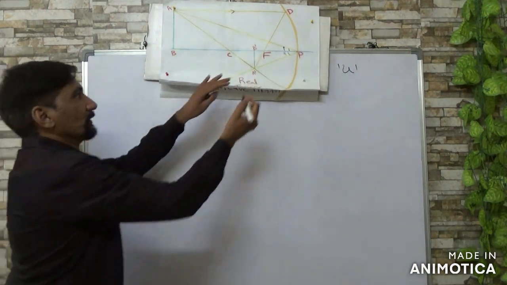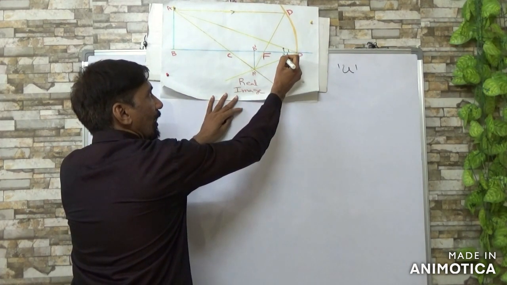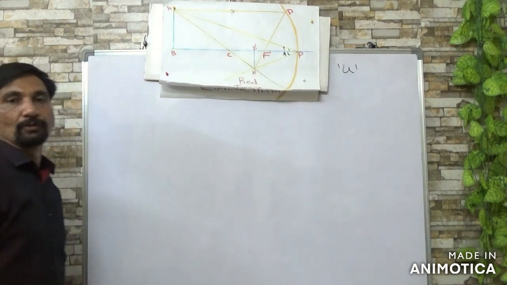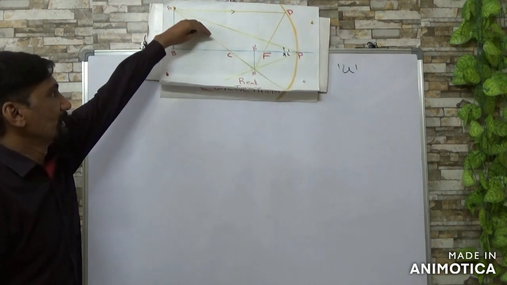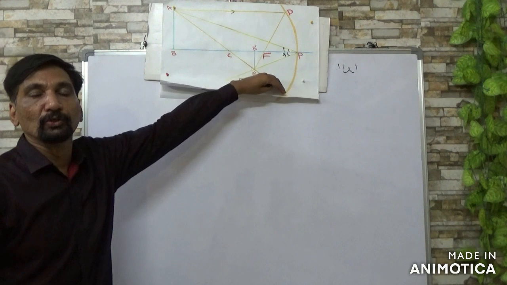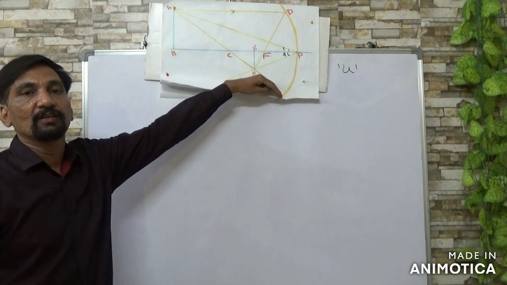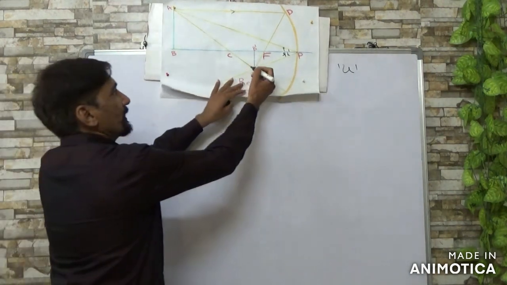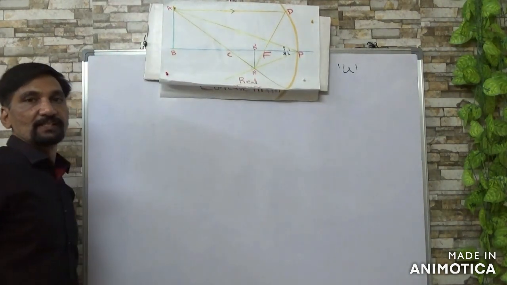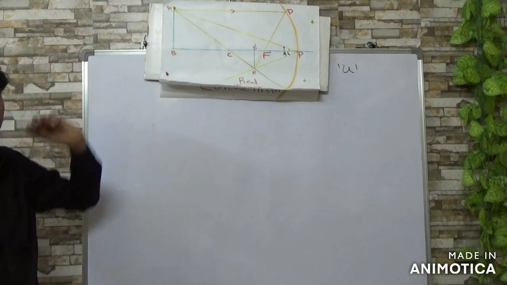That is why it is reflected through an angle R. Now another light ray passes through the center of curvature. Whenever a light ray travels through the center of curvature, it will retrace its path. So A dash B dash is the image with respect to this object AB.